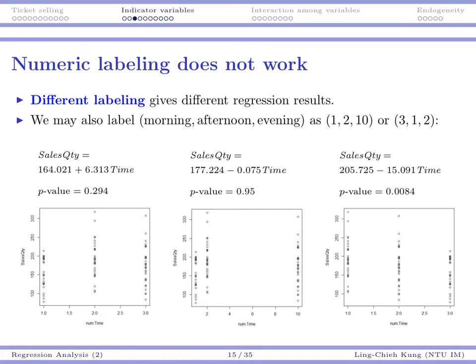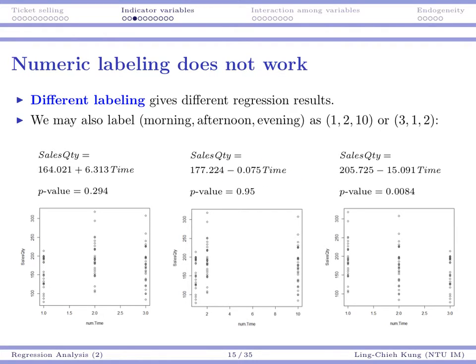If we label them as 1, 2, 3, for morning, afternoon, and evening, we get around 6.3 as our coefficient, and that's not a significant variable. If we label them as 1, 2, 10, then the impact is even smaller because the slope will become flatter. Okay, and we can see indeed that there's no impact of time.